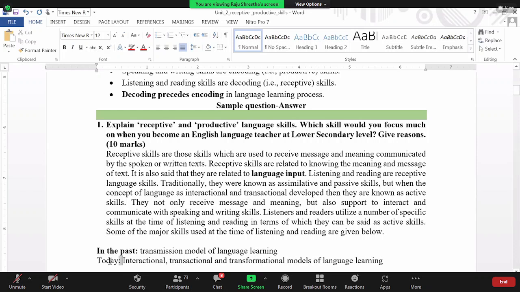But today we have communicative approaches. We have communicative approaches like natural approach, communicative approach itself, text-based language learning approach, content-based language learning approach, content and language integrated learning approach.